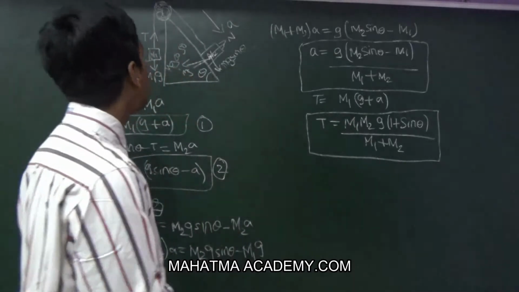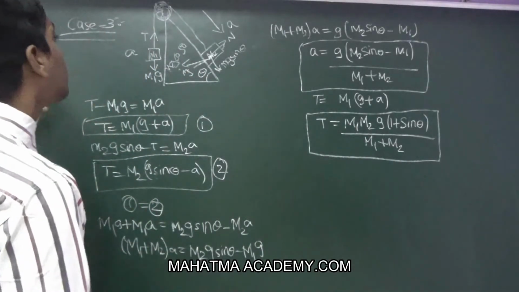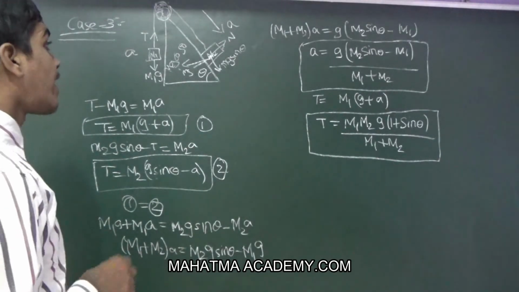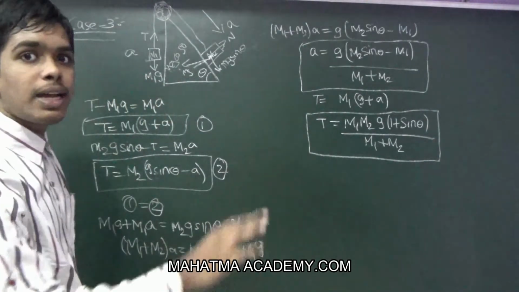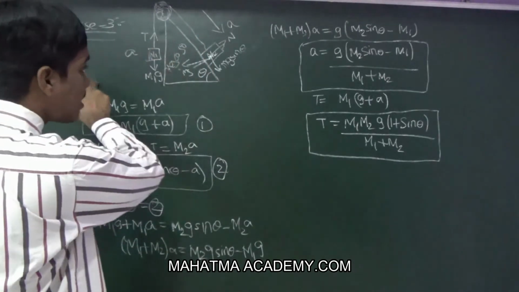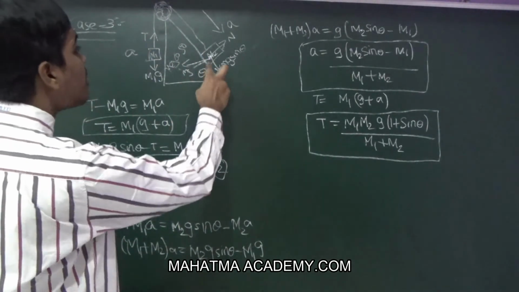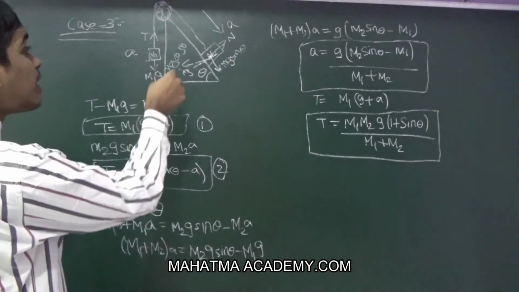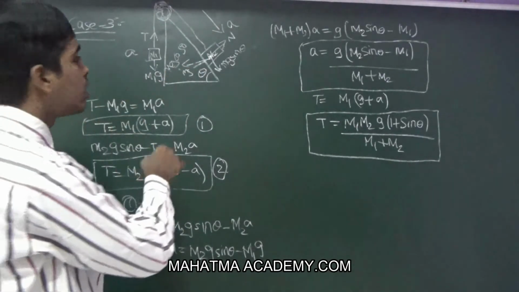We have discussed case 3. Now I am going to explain case 3. Case 3 states that one body is on the inclined plane and one body is vertical.